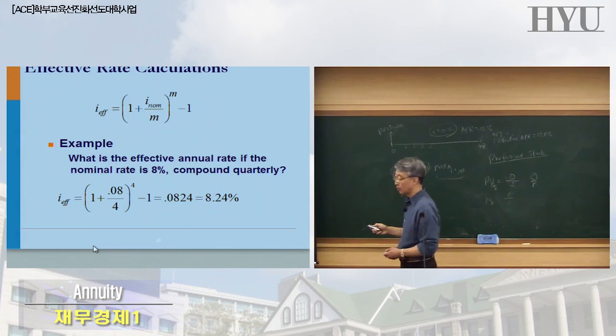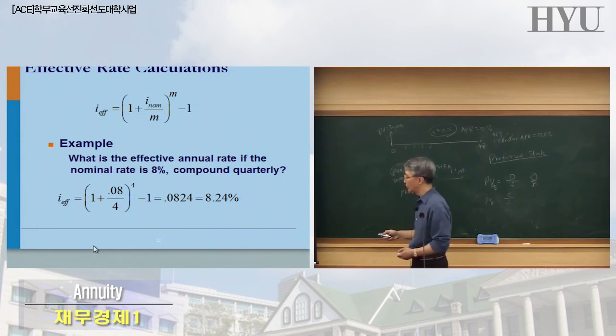So if it's quarterly compounding, it's going to be 4. If it's monthly compounding, M is going to be 12, okay? So based on the nominal interest rate and compounding frequency, you can calculate the effective interest rate using this formula, right?